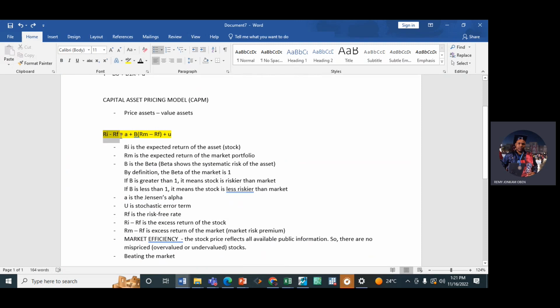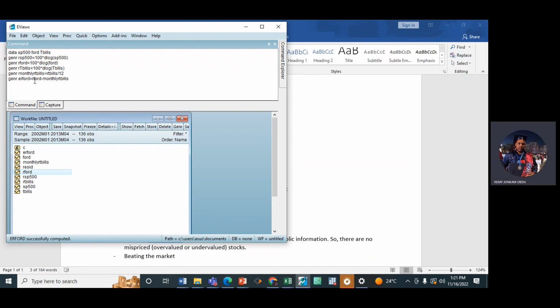Excess return of stock is return of stock minus risk-free rate of return, right? On eViews, it is return of stock minus risk-free rate of return. Fine. Then we are using the one where we have removed the annualization.